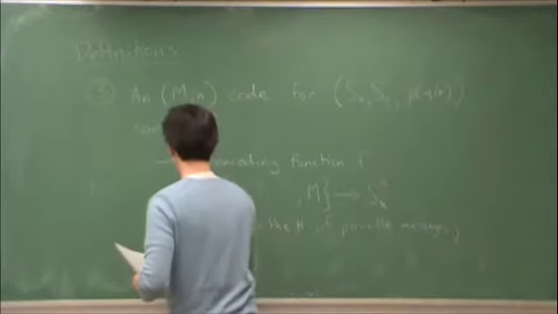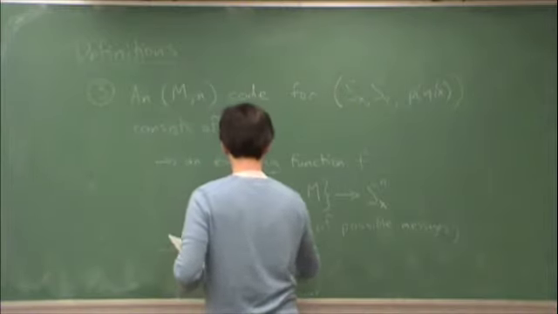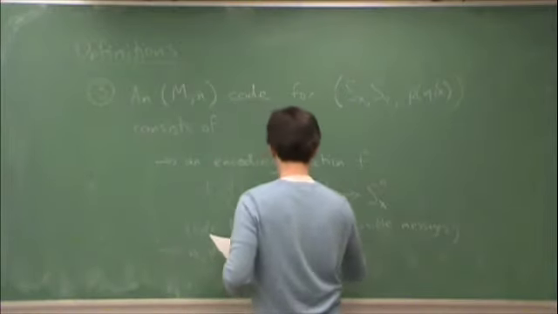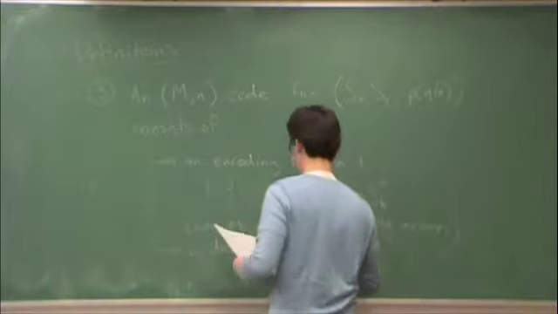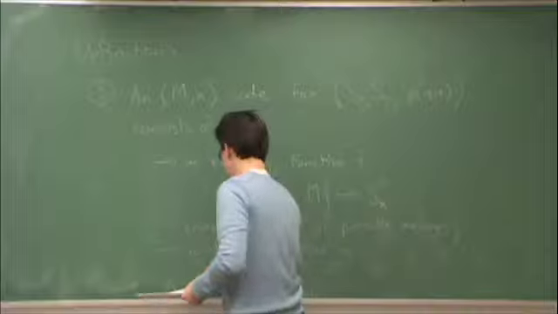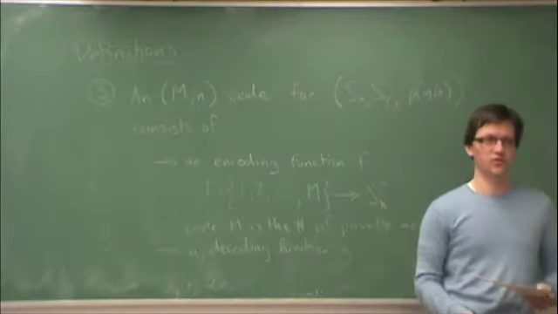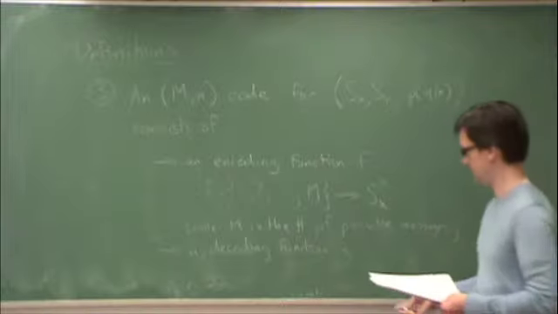Secondly, a decoding function G. G is basically the reverse. It's not quite the inverse, because G has to deal with the channel outputs.